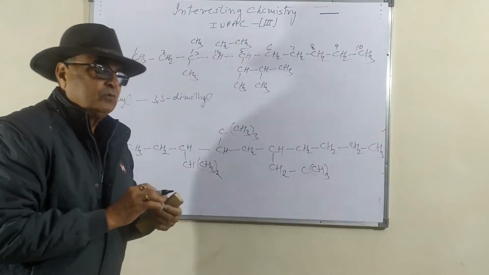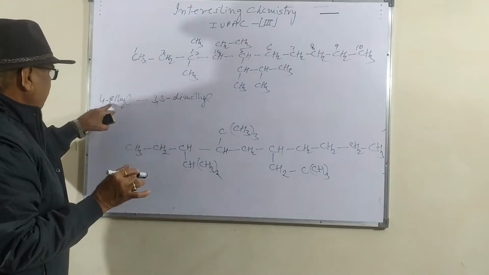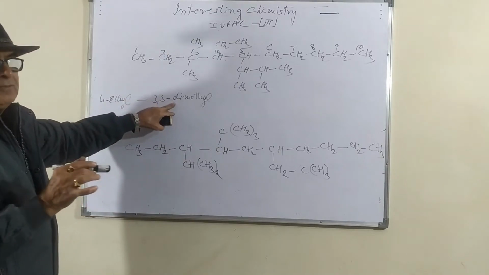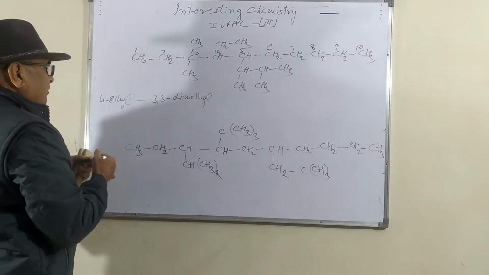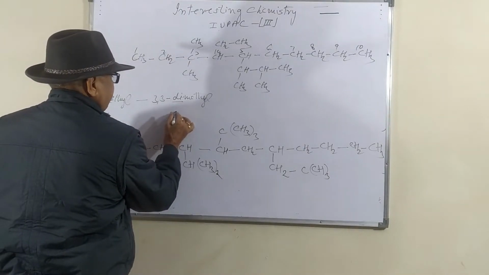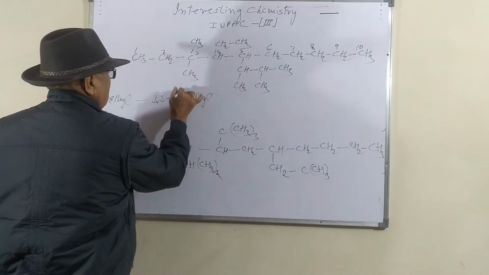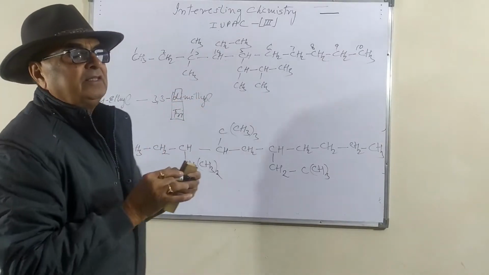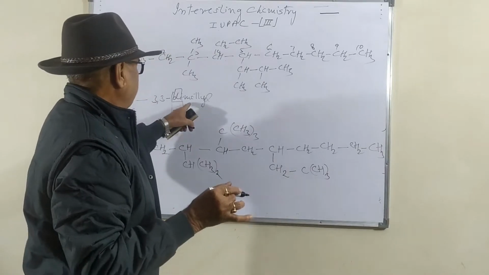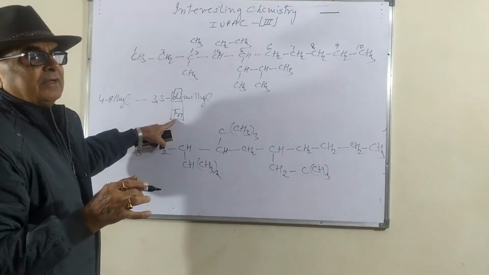Now this starts with D and this starts with E. So D must come first, but the prefixes di, tri are not included in the name of the substituent. So they will not count in the alphabetical order.